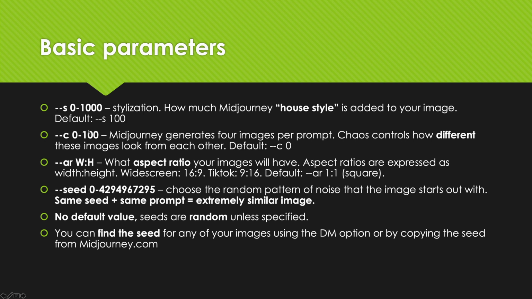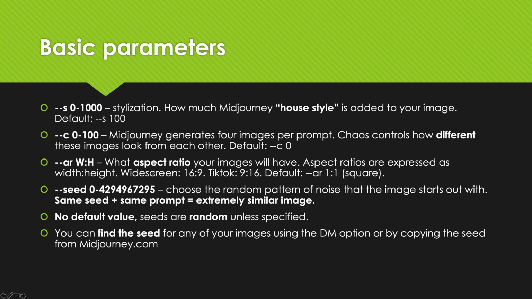And then there's chaos, which is --c. You can have a value from 0 to 100. Midjourney generates 4 images per prompt, and chaos controls how different these images look from each other. The default is 0. And then aspect ratio, which we just talked about, width, height: what aspect ratio your images will have.